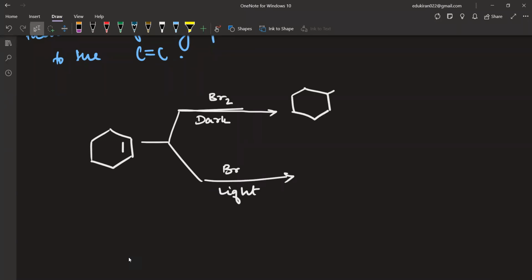In dark, you will be getting Br and Br, and in light, what will you be getting? Free radical halogenation. Okay? This is Br2.